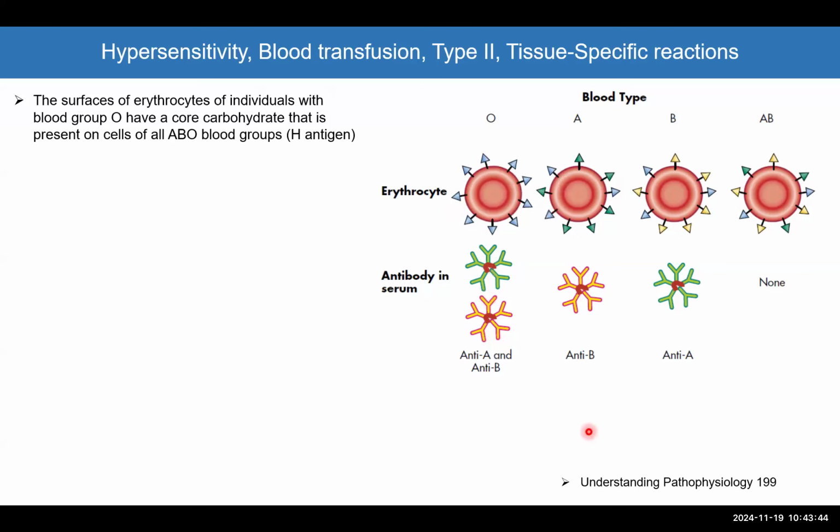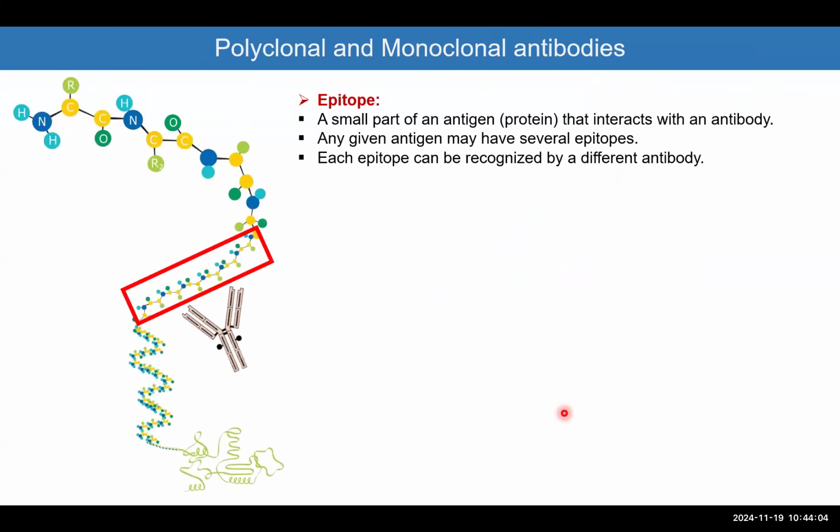Pretty much this you studied many times, but this is an example of hypersensitivity. In principle, if you by mistake transfuse blood that is of the wrong type to a person, that's the type of reaction you would have. Probably it's called type 2 hypersensitivity.